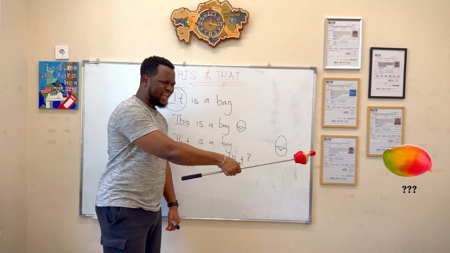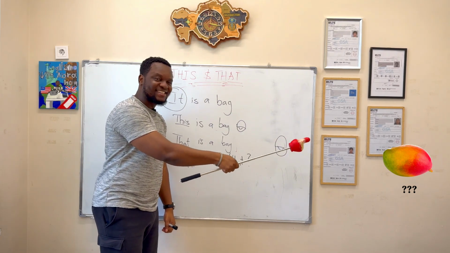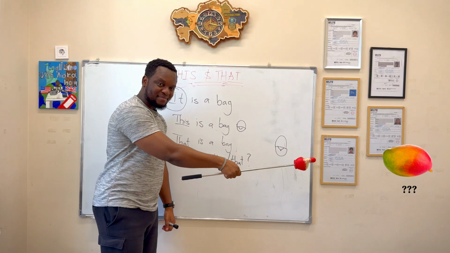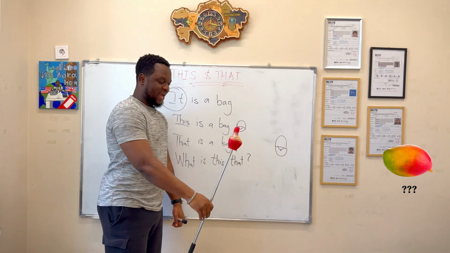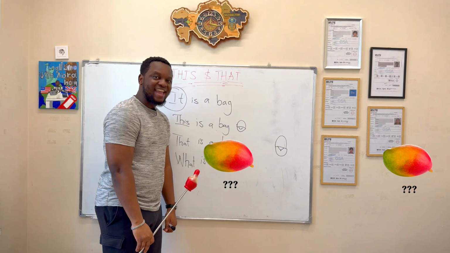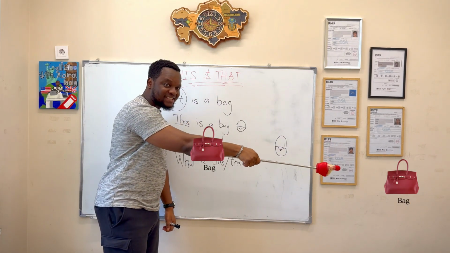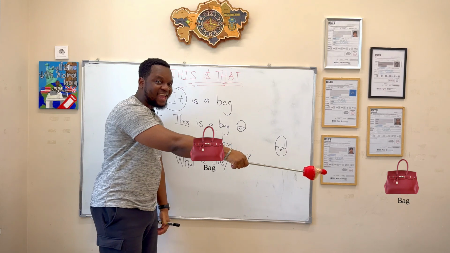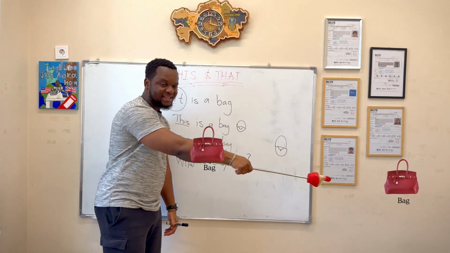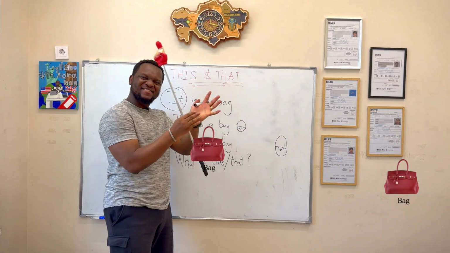What is that? That is a mango. This is a mango. That is a bag. This is a bag. Go for yourself.